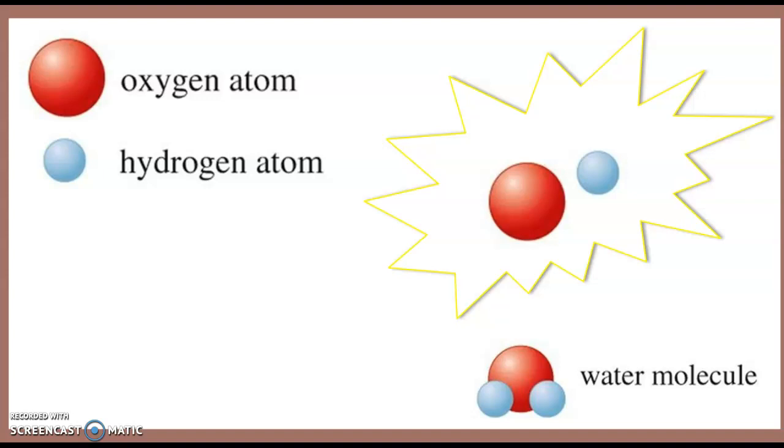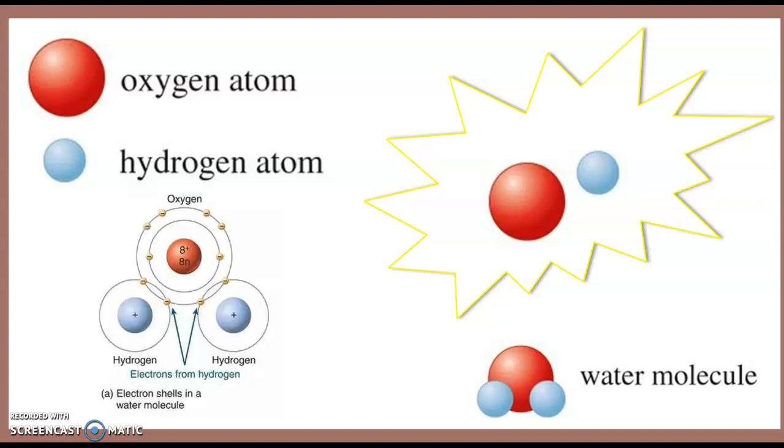There are two ways that a molecule can be formed. It can either be formed by the transferring of electrons or the sharing of electrons. In the case of water, it's formed when two atoms of hydrogen bond or share their electrons with an atom of oxygen. So what occurs is this. We knew that oxygen had 8 electrons.